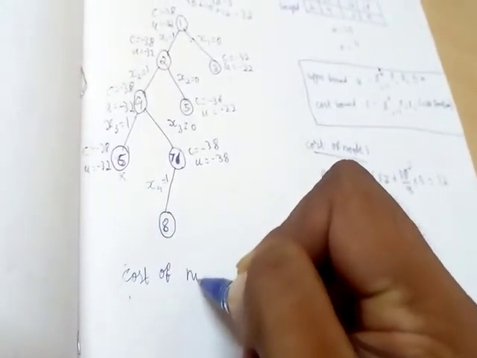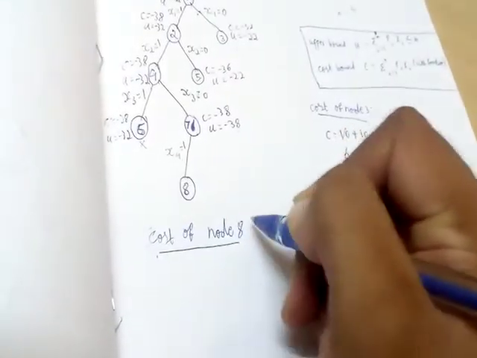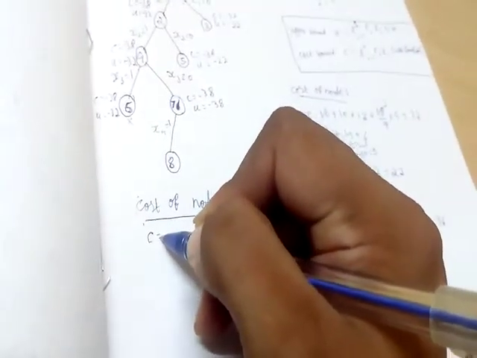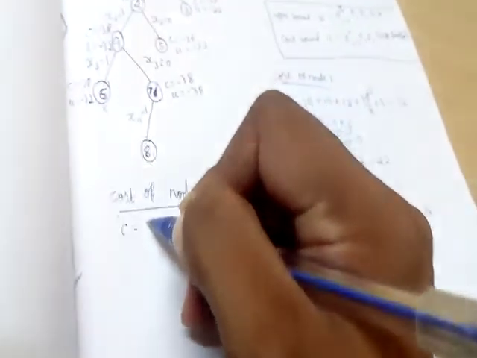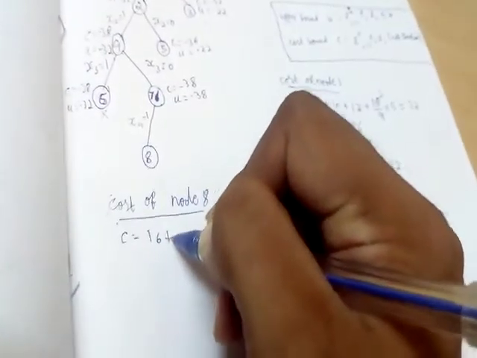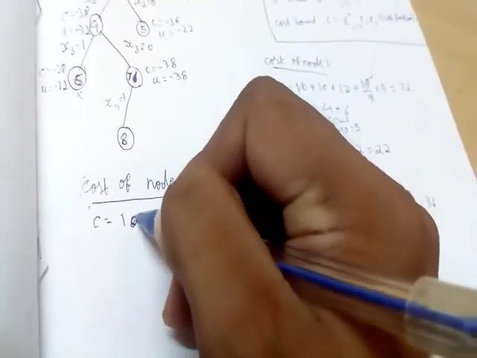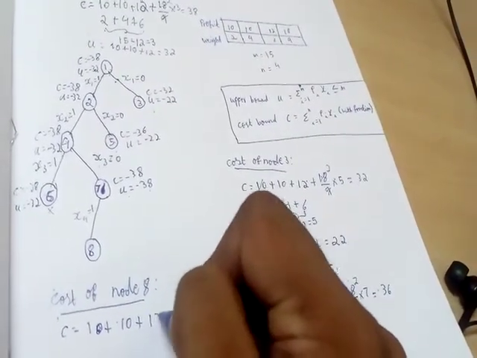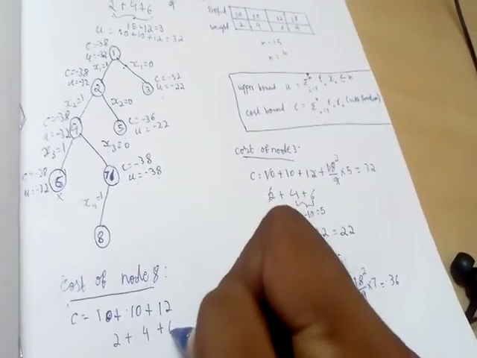So I have to find out the cost of node 8. First I will add the first three items. Their associated profits are 10, 10 and 12, and their weights are 2, 4 and 6.